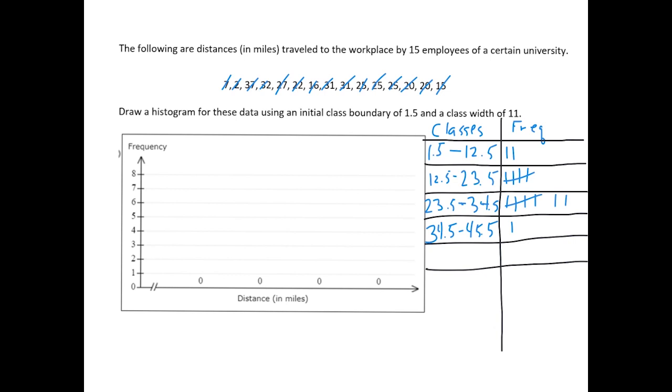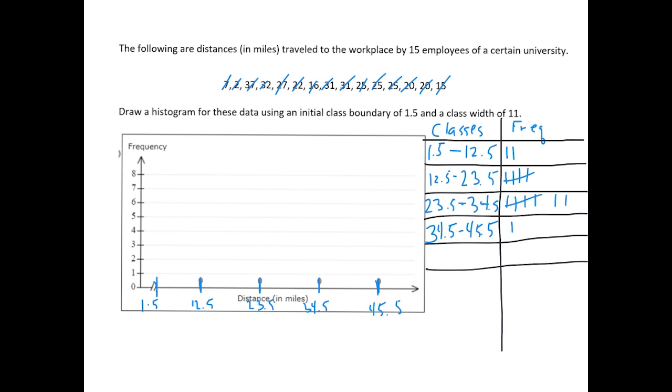So I'm going to have 1, 2, 3, 4 bars. I'll start here at 1.5. Right here will be 12.5. Here, 23.5, 34.5, and 45.5.